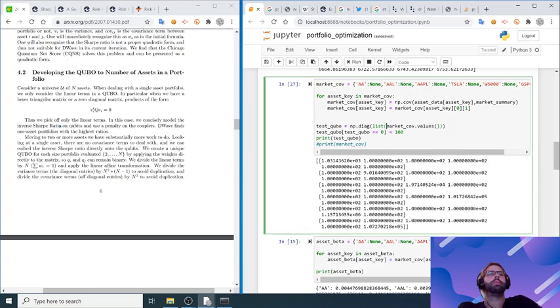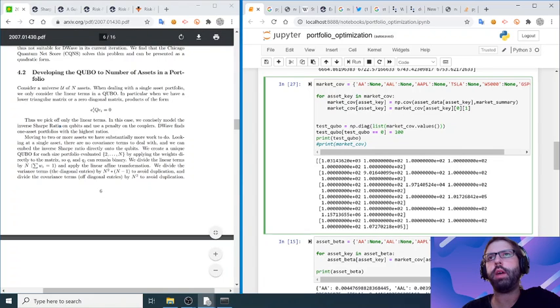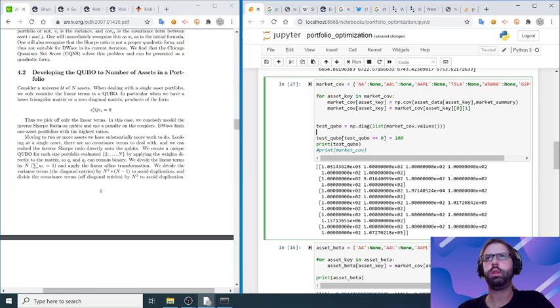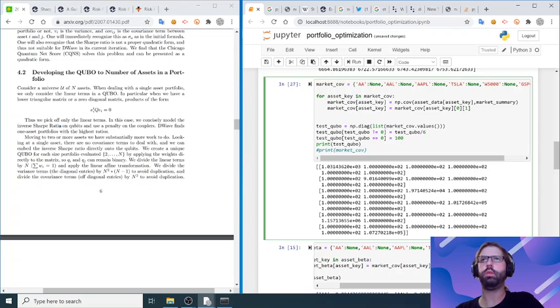And apply the linear affine transformation. Do I have to divide the linear terms by 10? So how many portfolios we have? 1, 2, 3, 4, 5, 6. So I would say if QUBO is different than 0, then, or we can just as well do that. Okay, equals 0, 100.